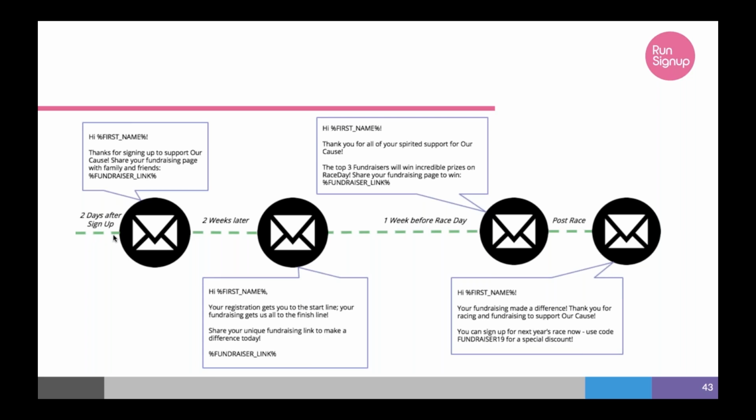So you're able to set it up after a set number of days after somebody signs up for a race. And then you can also schedule automated emails to go out on set dates. So if you want to remind all of your fundraisers a week before the race that they have 1 week left to reach their goals, you're able to send those emails out.